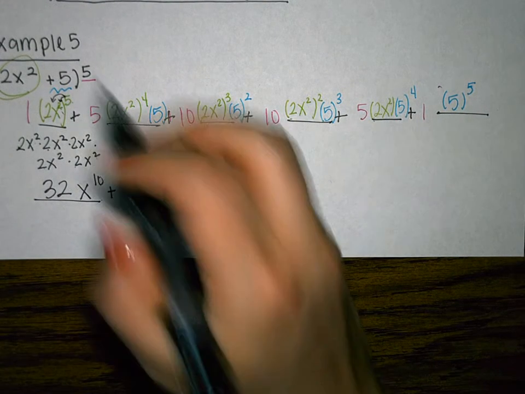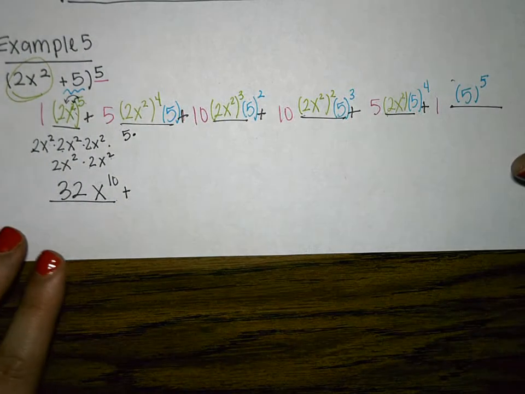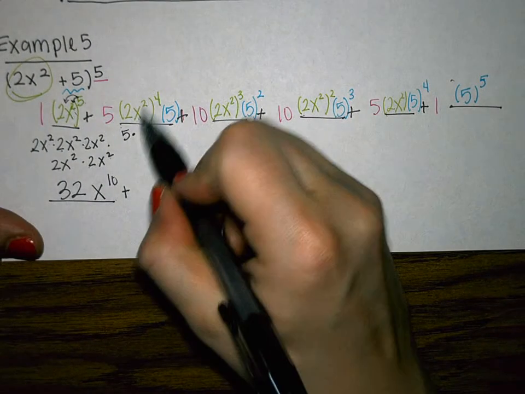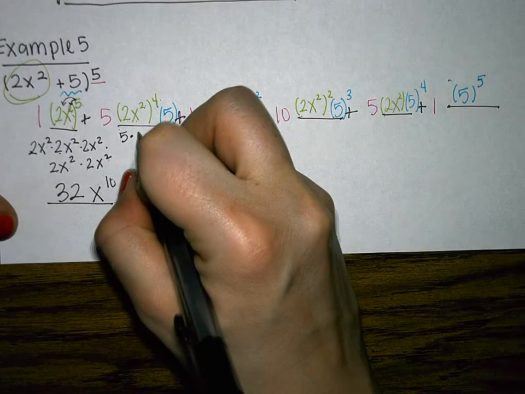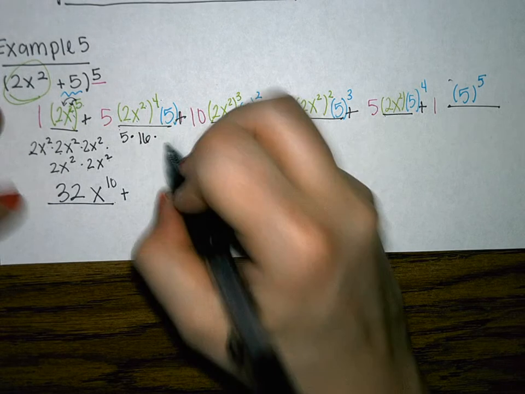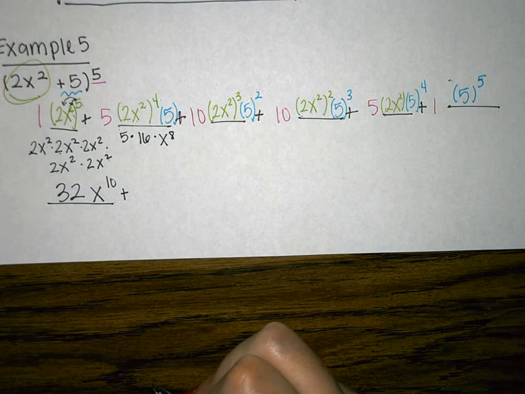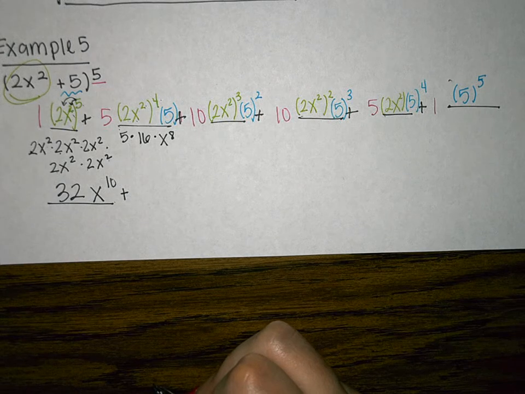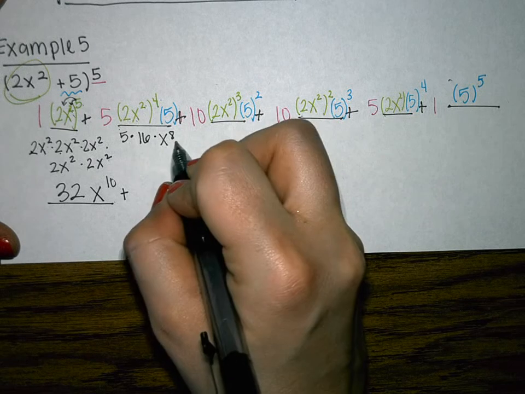So here we have 5 times 2x squared to the 4th. So this is the same as saying 2 to the 4th, which is 16. X squared to the 4th, which is x to the 8th. So we have 16 times 5, which comes out to 80.